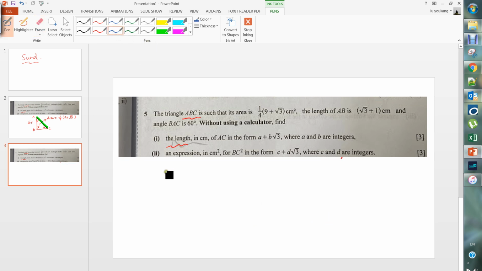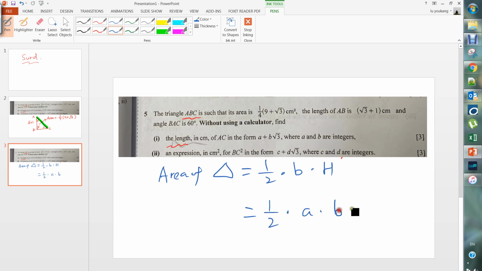One of them is half times the base times the height. The other one is slightly more complicated if you learn about trigonometry: half times AB times sine angle C. I'm going to use the second method to solve this question.